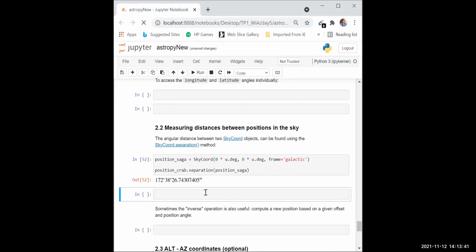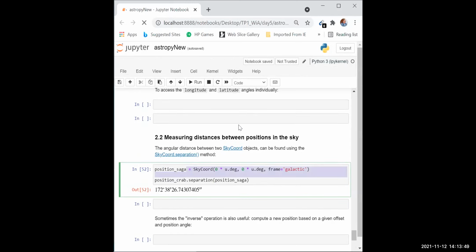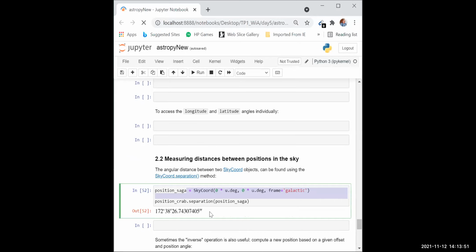Now if I run it, we are getting the separation of the crab. Position crab was the position of the crab which we had defined earlier, and if I want to find the distance of that from this position which we have defined, we have two positions defined. It's very simple. You just use separation with these two variables: position_crab.separation(position_Sagittarius), and this is what it gives you.